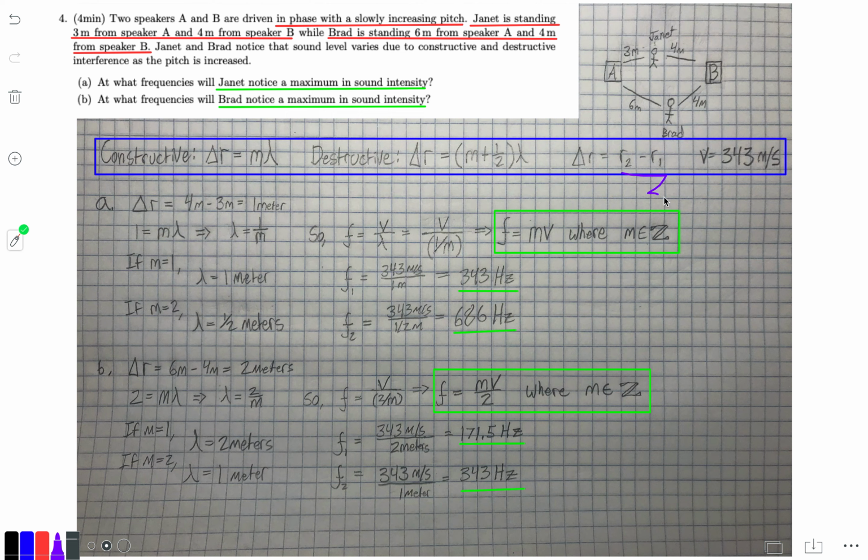So, moving on, doing the exact same thing here, our only difference is our change in path length, so that we see in the final equation that frequency is equal to the mode times velocity divided by 2, where our mode is any positive integer.